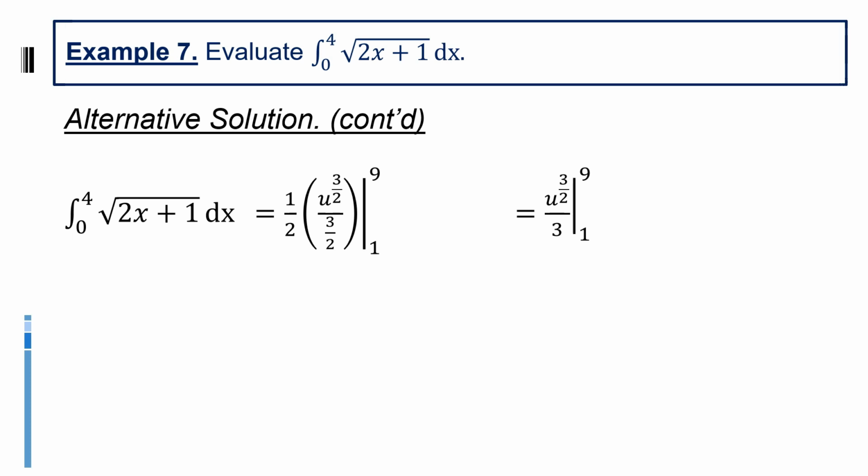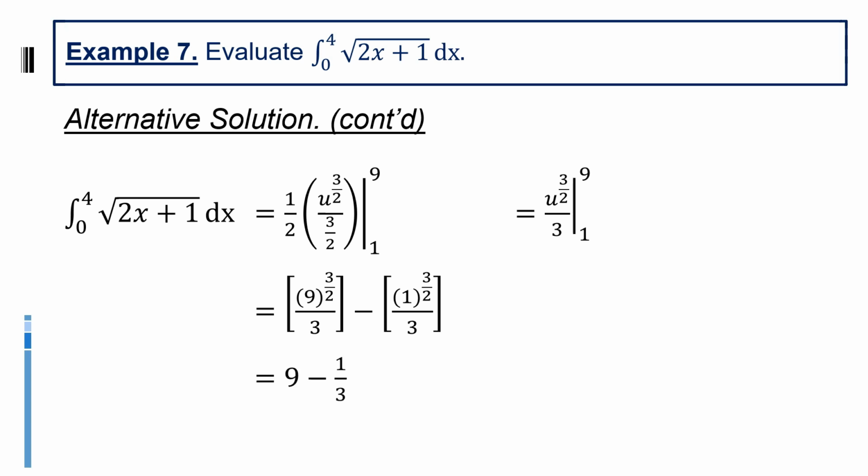Or that is u raised to 3 halves over 3 evaluated now from 1 to 9. So evaluating, we have 9 raised to 3 halves over 3 minus 1 raised to 3 halves over 3. Or that is now 9 minus 1/3 or 26 over 3.